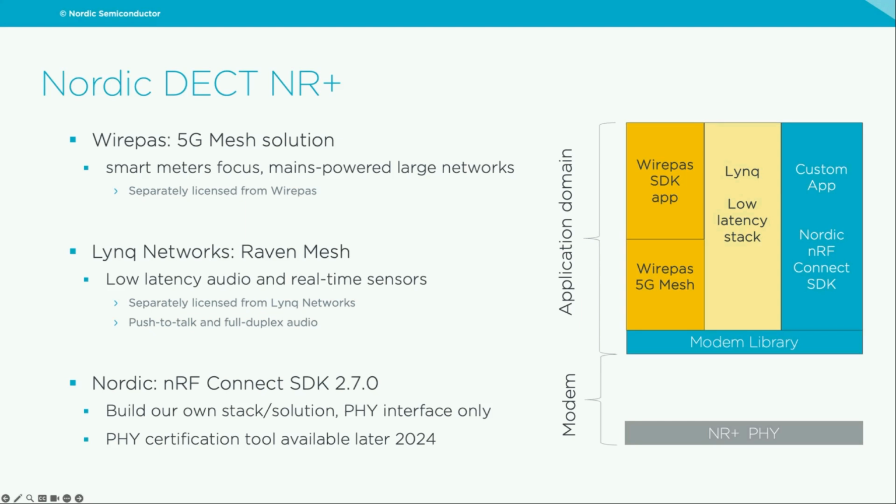And what we have as a more recent addition from Nordic is this API available in the nRF Connect SDK 2.7. This SDK came out in early July. And we have the API there that can then be used to build applications for DECT NR+.